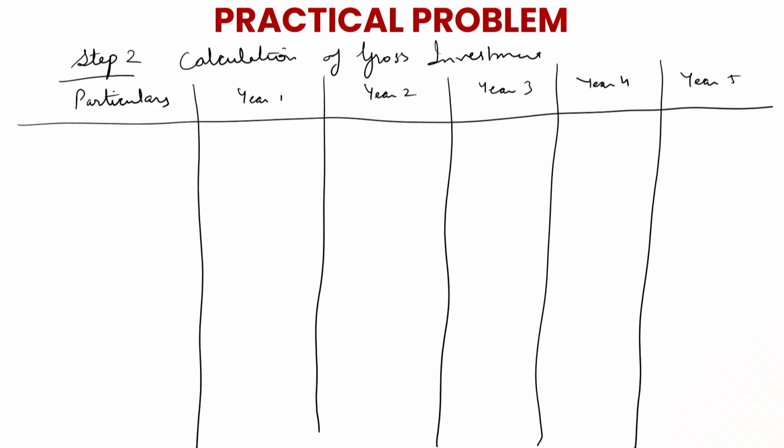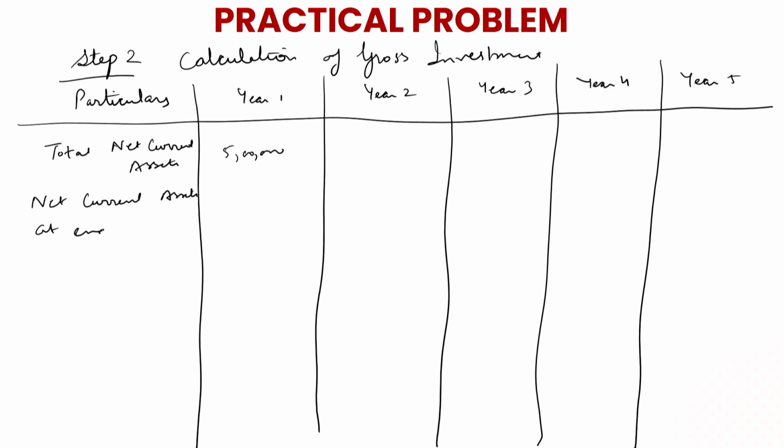We start with the current assets first, the total net current assets, as mentioned in the question, that in the previous year it was 5 lakh.